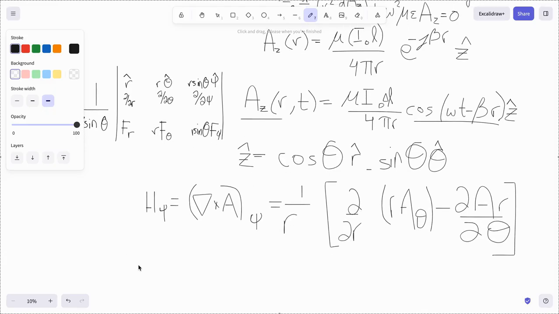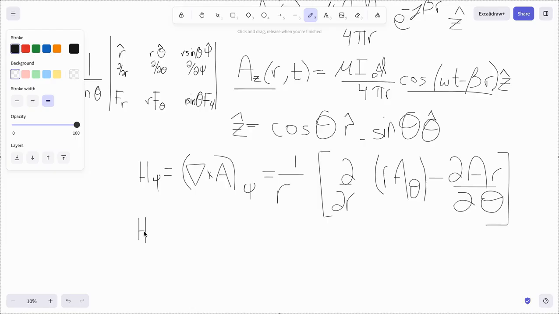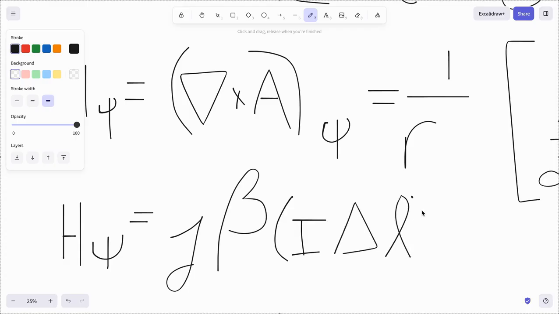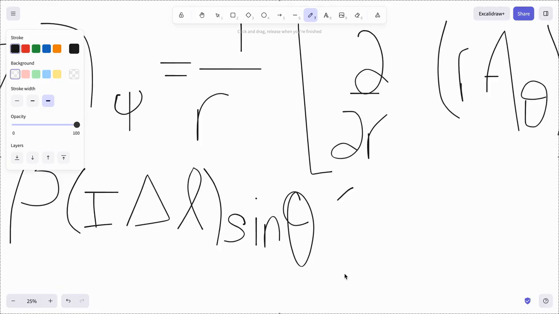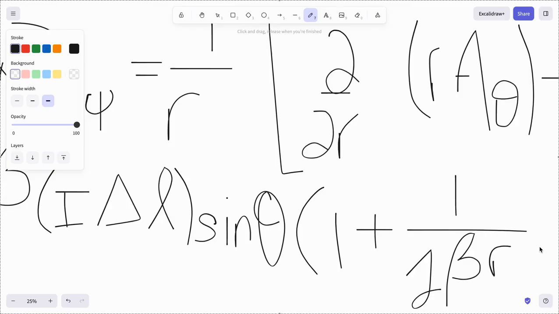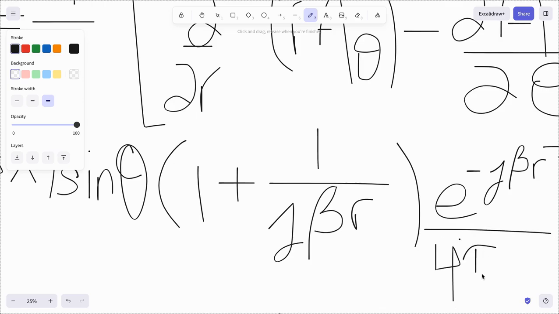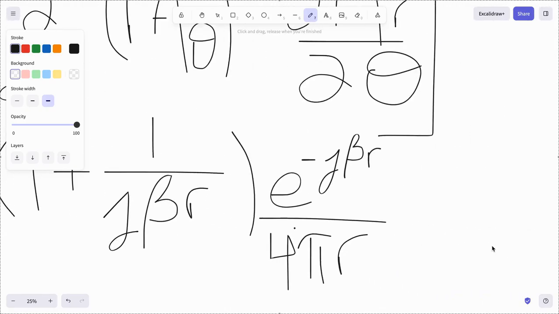And then if you plug everything in and solve this, you will get H of omega is equal to j beta I delta L sine theta times 1 plus 1 over j beta r times e to the minus j beta r over 4 pi r, in the omega direction.